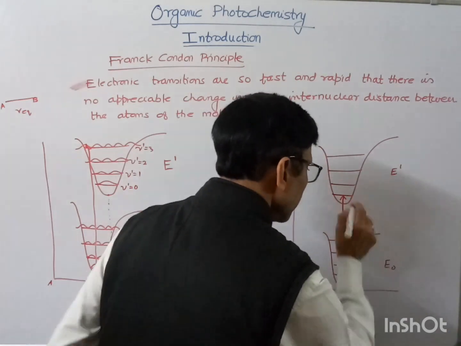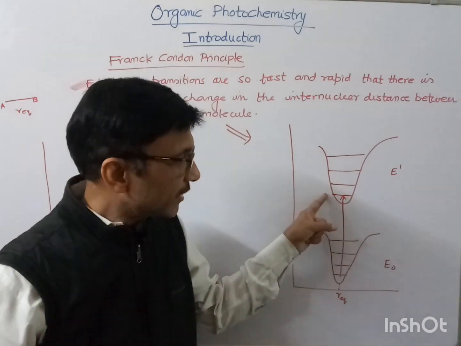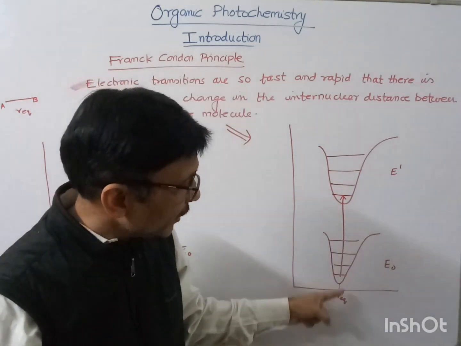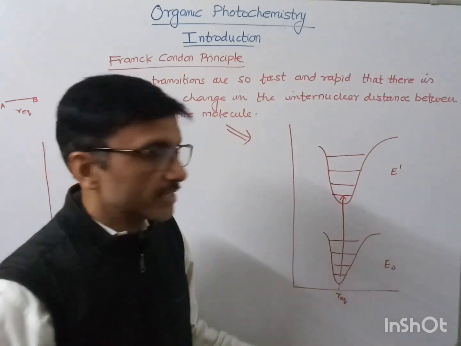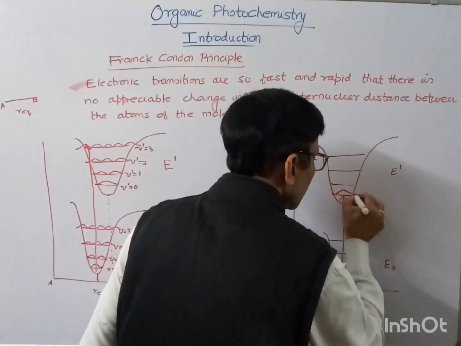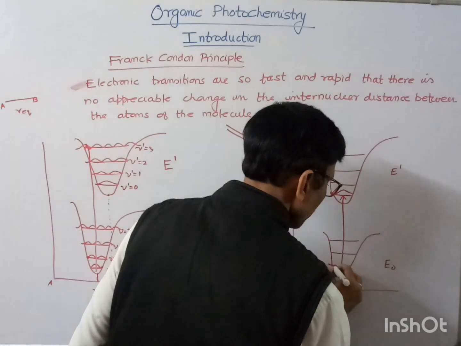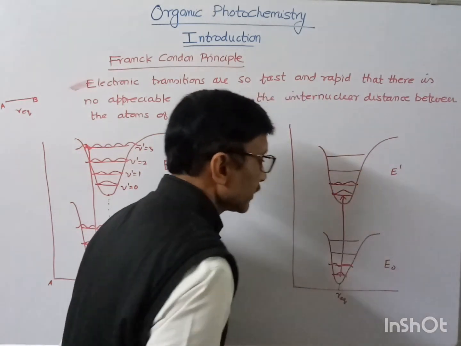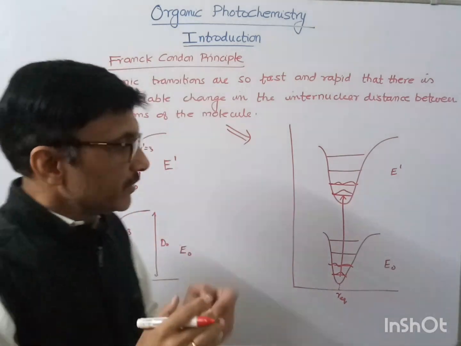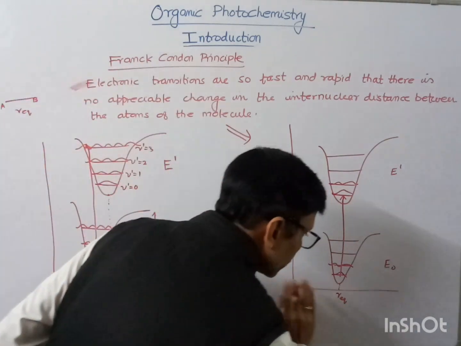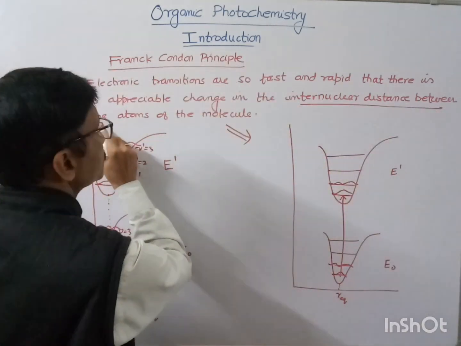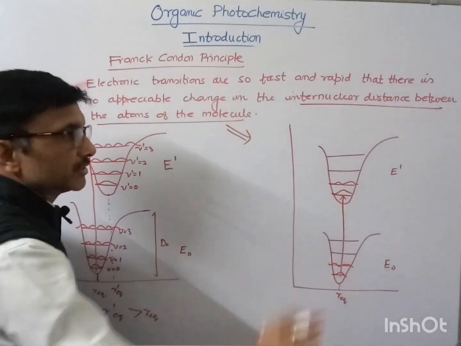After going into the excited electronic state, you can see that the internuclear distance remains the same, R equivalent. So this is our Franck-Condon principle. What is the reason for this? The internuclear distance between the atoms of the molecule doesn't change.